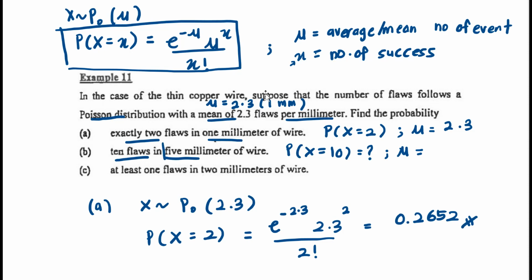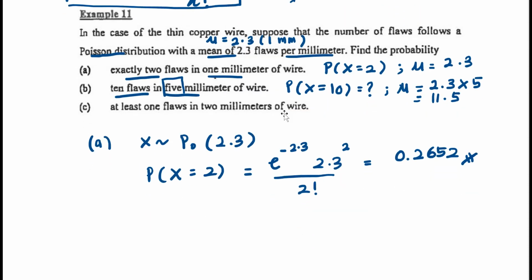Now you have 5 millimeters, so your mu 2.3 must be multiplied by 5. Then we get 11.5, so your new mu is equal to 11.5.